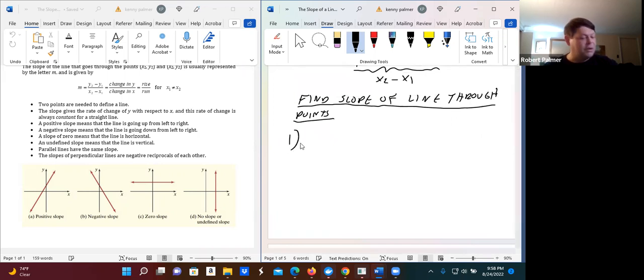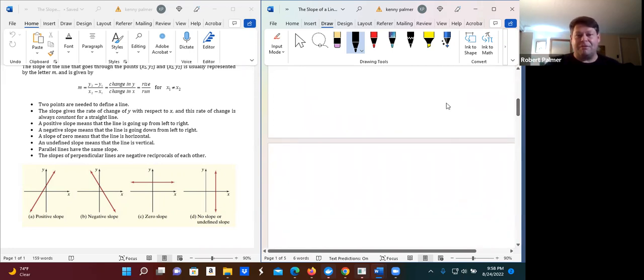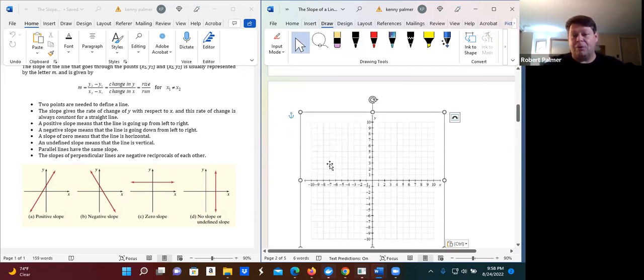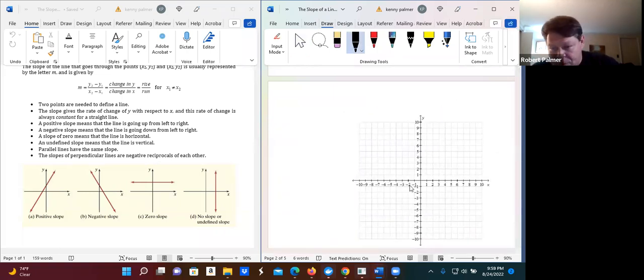Number one, let's say we have these two points: 2, -3 and -7, 1. Let's say these two points are on a line. Also, let me graph this line. Let me add a grid here, and we'll do this below. Let's graph both of these. The point 2, -3 is right here.